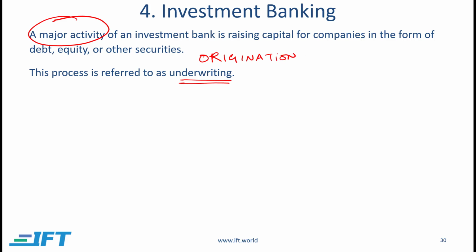In investment banks, you have a department called origination, and usually that department is clubbed with advisory as well. We will talk about what happens in the advisory department, but first, let's talk about origination. Underwriting comes under that. Origination is basically where a new security is originated. It is being born, it is being started.